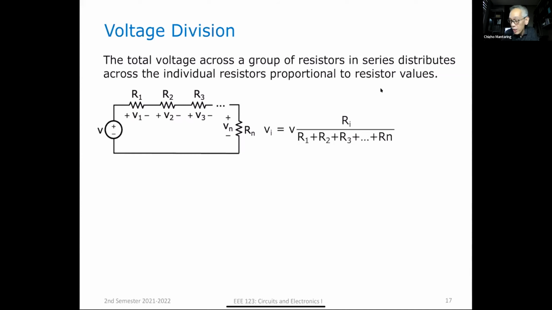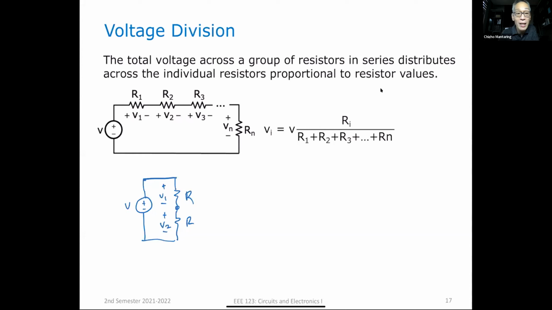What if I have a voltage here? Let's call this V, and these are equal. Let's say this is V1 and this is V2. If these two resistors are equal, what is the relationship between V1 and V2?